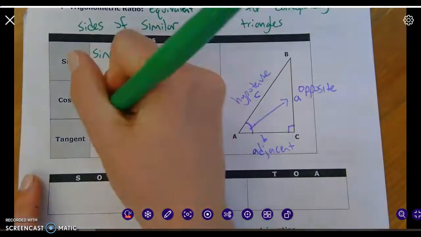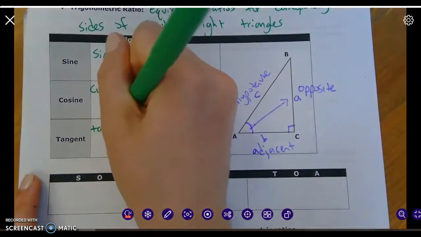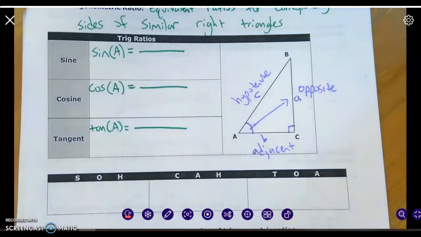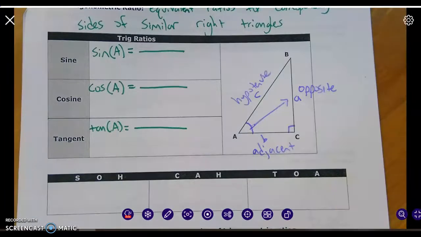Same thing. Questions? Okay, so this is going to be how we set up our equations. This format. Then what goes in the fractions is a combination of these three sides.